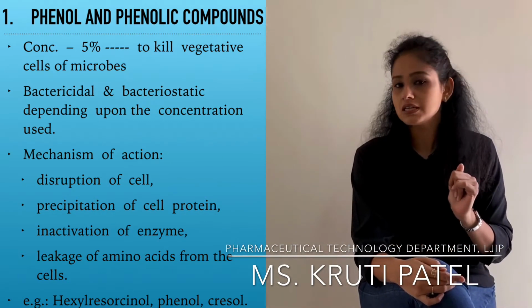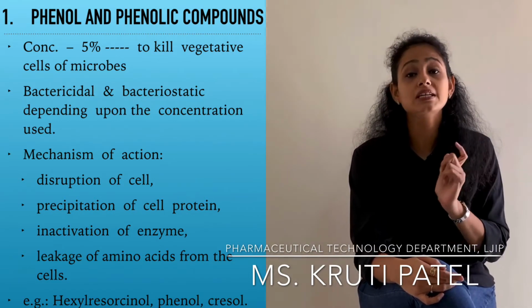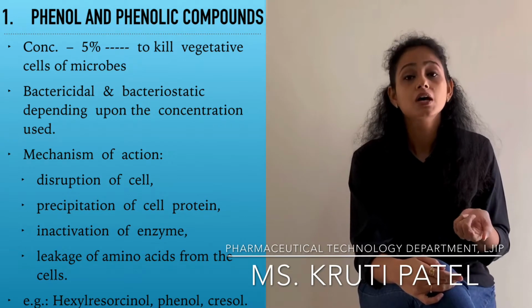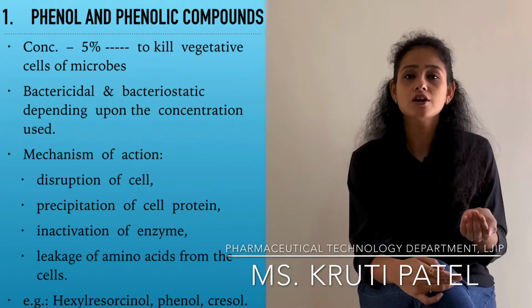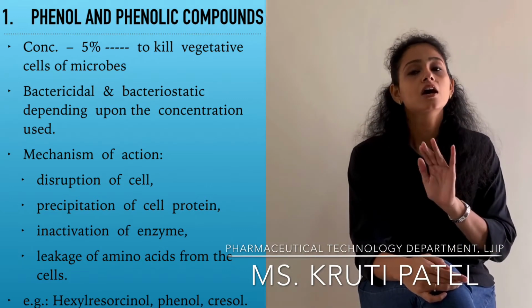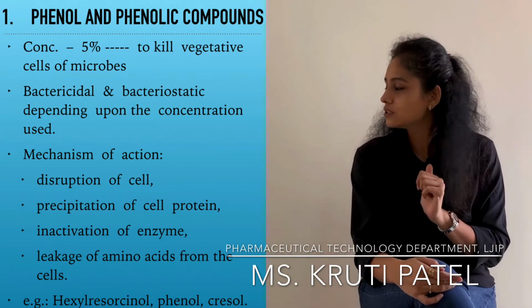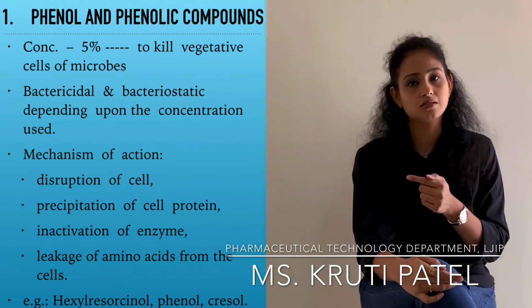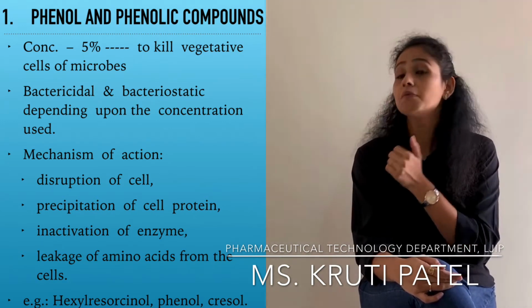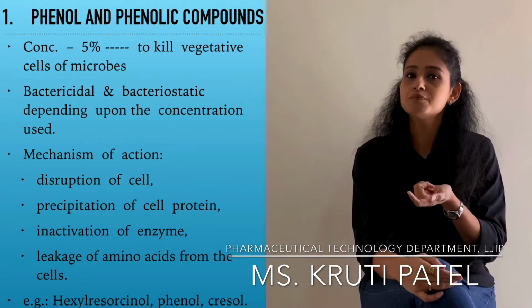Then the third one is leakage or inactivation of enzymes, which are essential for the growth of microorganism, the enzymes present in the cells of the microorganism. This disinfectant will inactivate those enzymes. And the last one is leakage of amino acids from the cells. So these are all the mechanisms by which phenol and phenolic compounds may work to kill microorganisms.